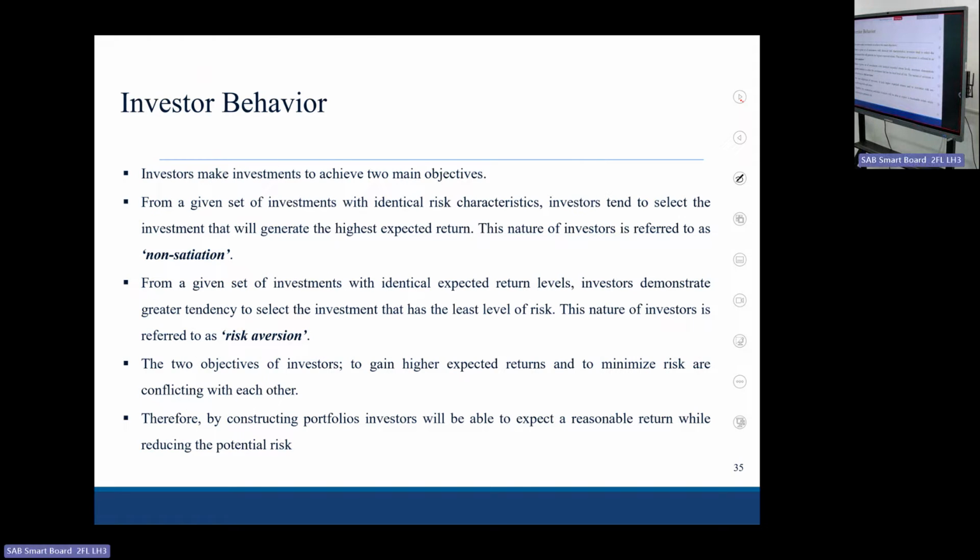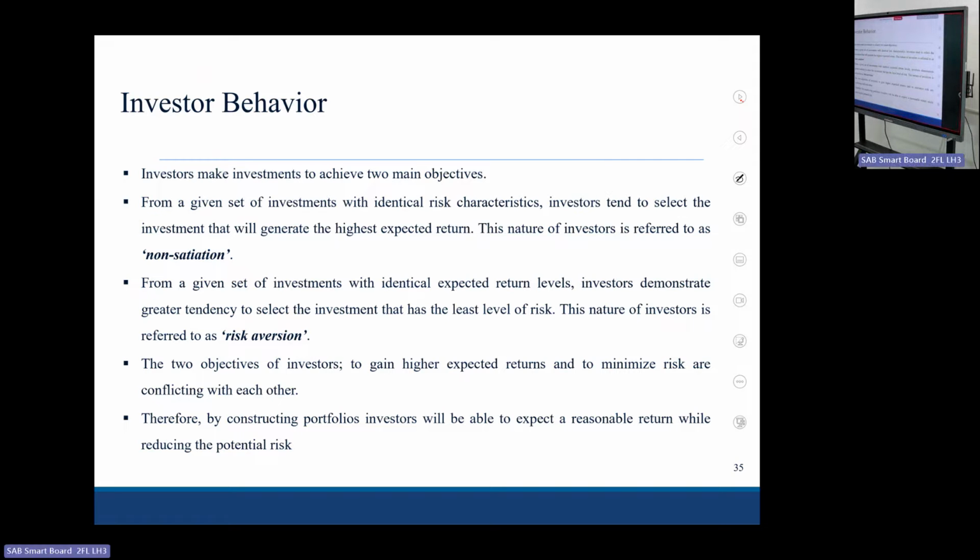When you have identical risk, the tendency is to select the one with the highest expected return. That is, you want to maximize return.